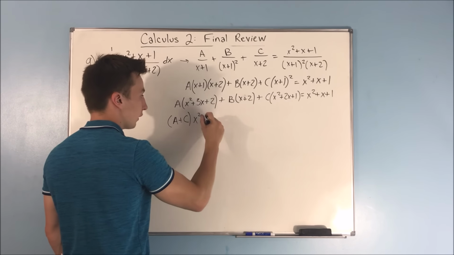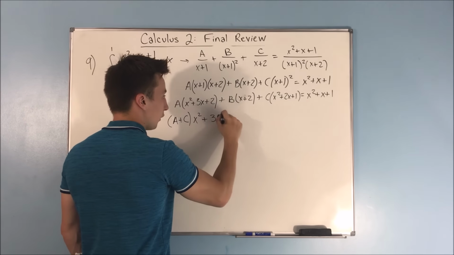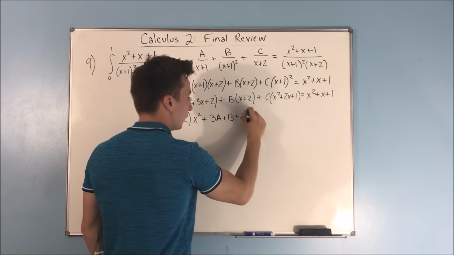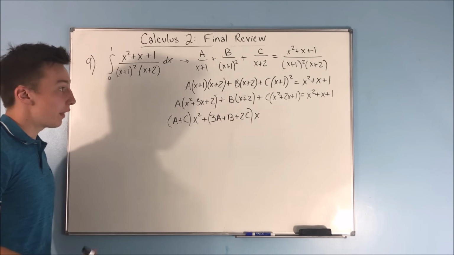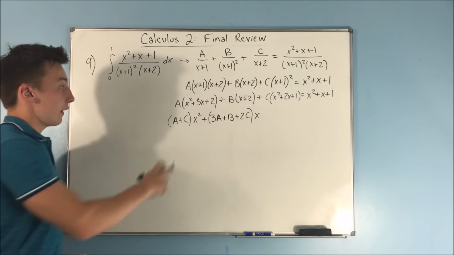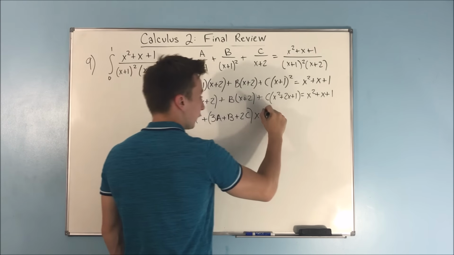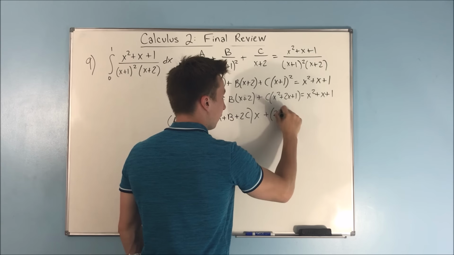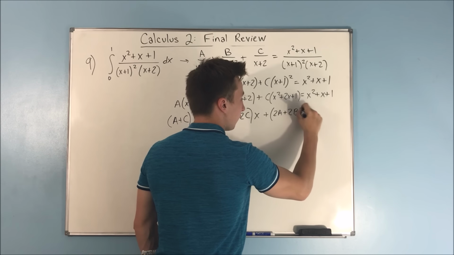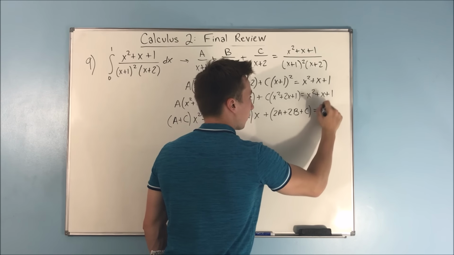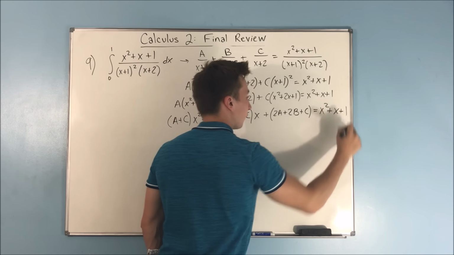So we're going to have plus (3A plus B plus 2C), and that will be multiplied by x. Then we need to do just our constant, and that's going to be plus (2A plus 2B plus C), and that's going to be equal to x squared plus x plus 1.